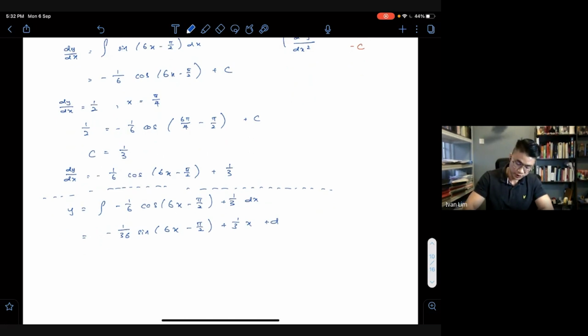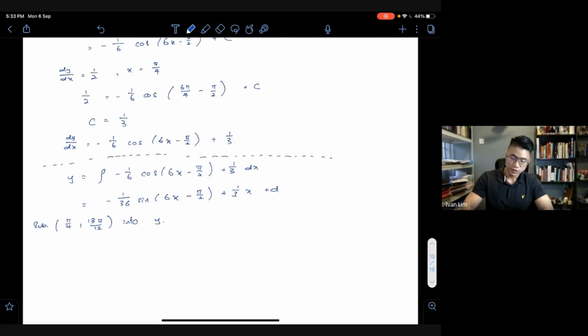We want to sub in the coordinate that was given to us. Sub your pi over 4, 13 pi over 12 into y, into this equation. So we'll get 13 pi over 12 equals to negative 1 over 36 sine 6 over 4 pi minus pi over 2 plus 1 over 3 pi over 4 plus d.